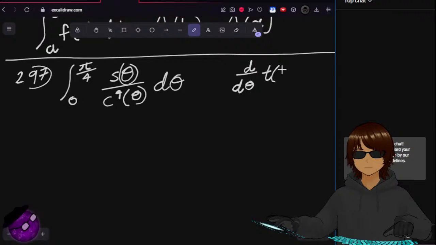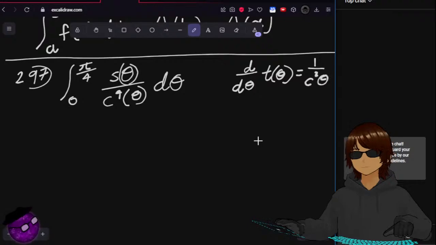Derivative of tan is 1 over cos square theta. I have no clue.